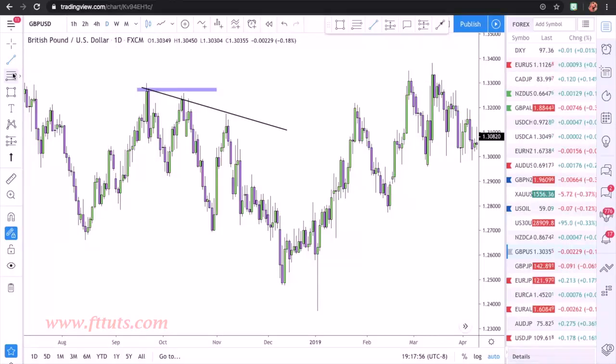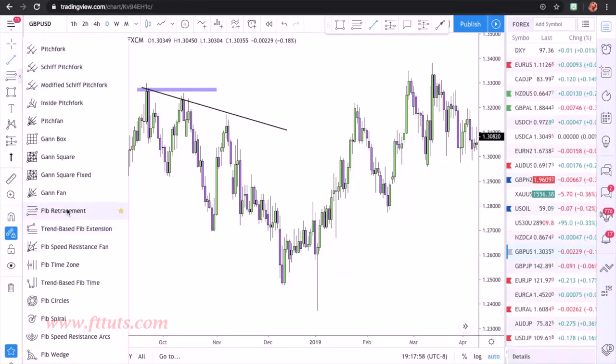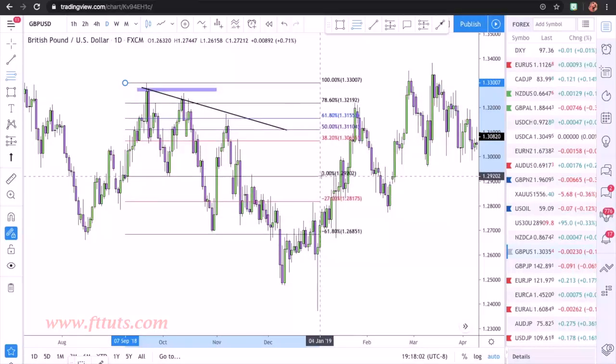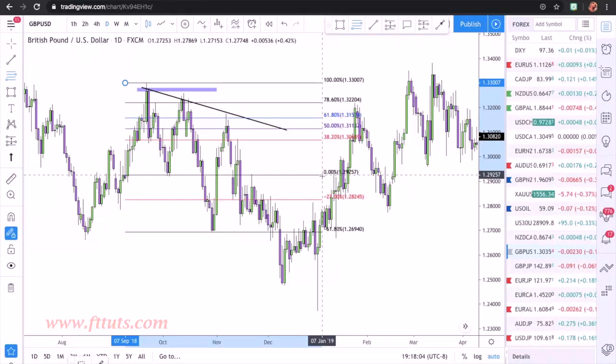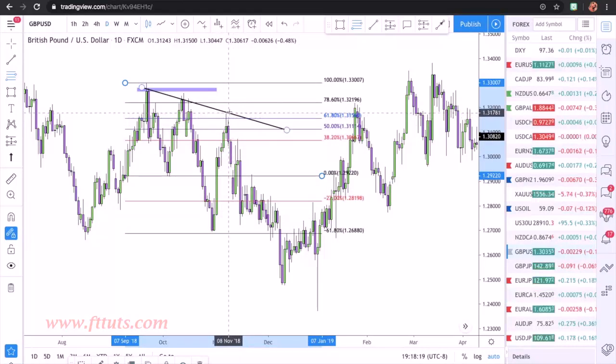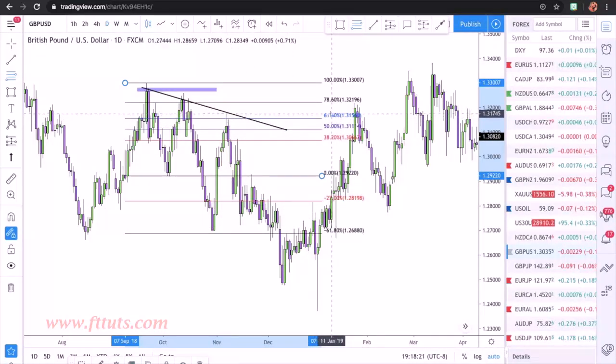So for example, let's draw our fibs, high to low. So we have our 100%. We failed to close above the 78.6, rejected, shot down, went close to our negative 61.8 target, came back up, tested this trend line, it's around the 61.8.